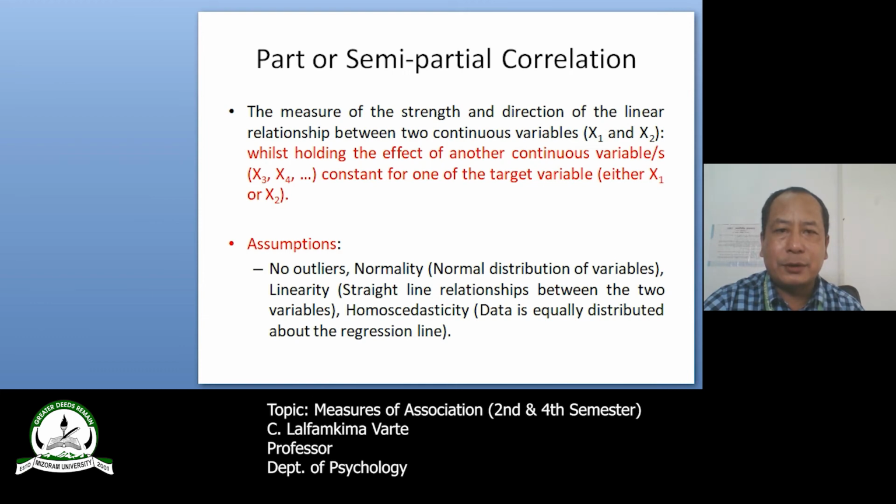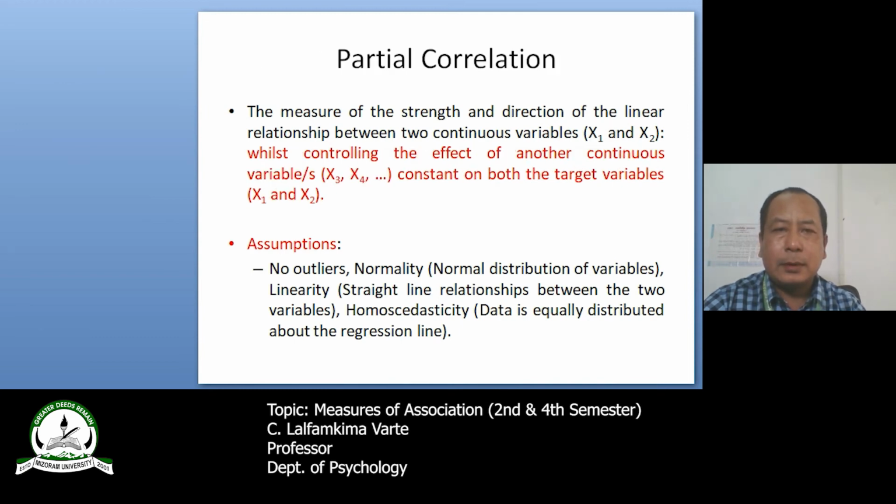The assumptions underlying the part or semi-partial correlation are more or less similar to those of the product moment coefficient of correlation for each of the variables, that is, no outliers, normality, linearity, and homoscedasticity.